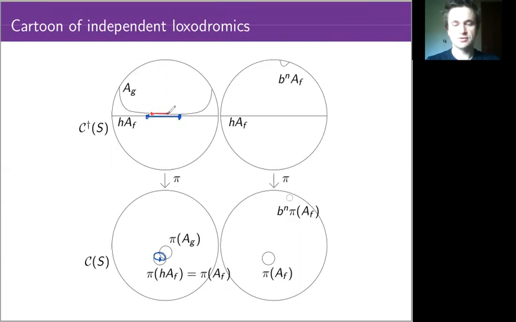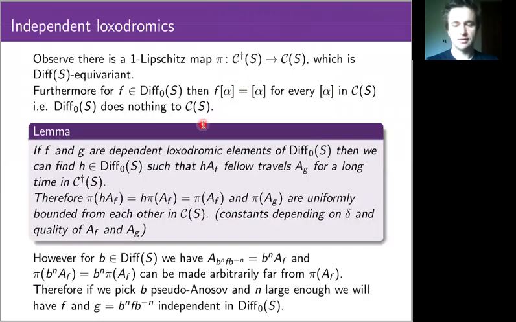And so if you make them fellow travel for long enough, then what you see when you map the two axes by this Lipschitz projection pi is two bounded loops, which are a bounded distance from each other in the ordinary curve graph. And that's what this lemma is stating.